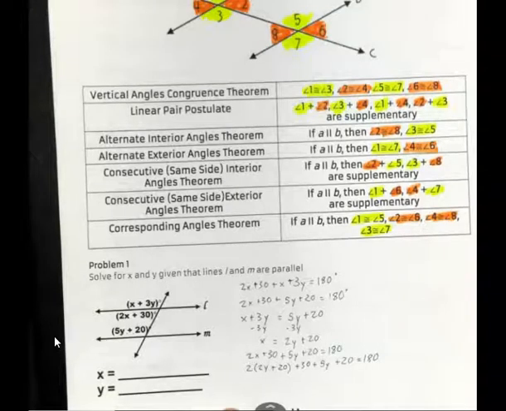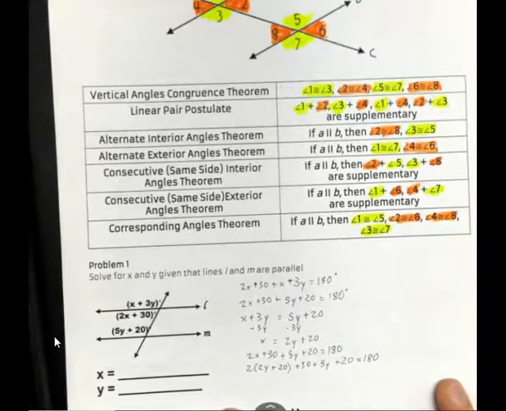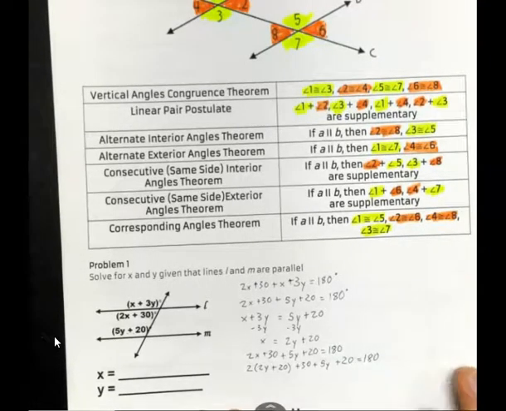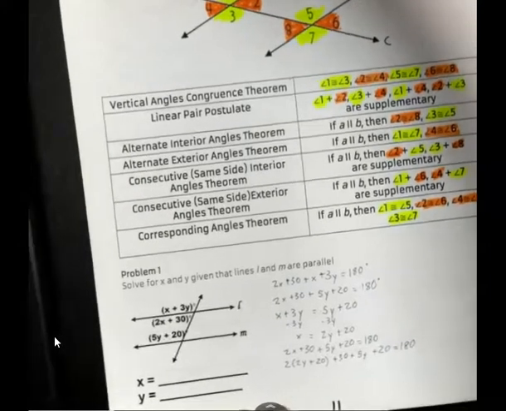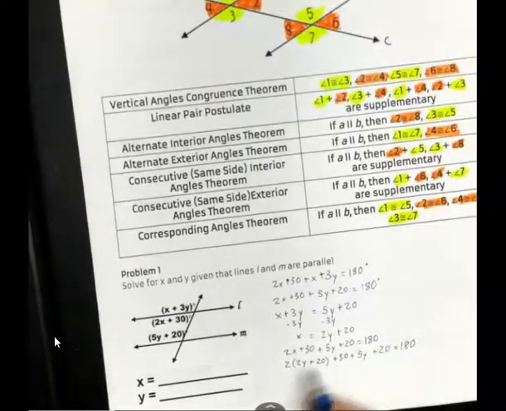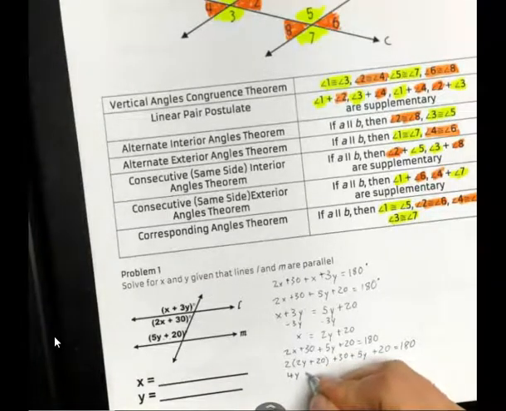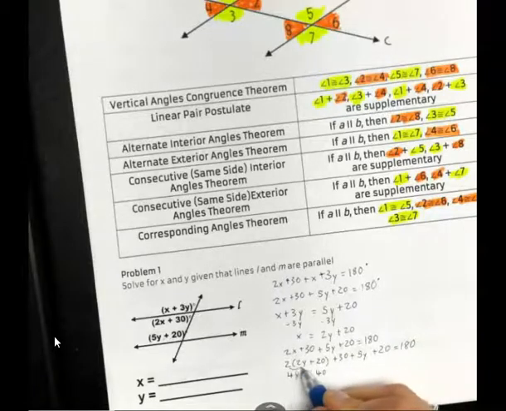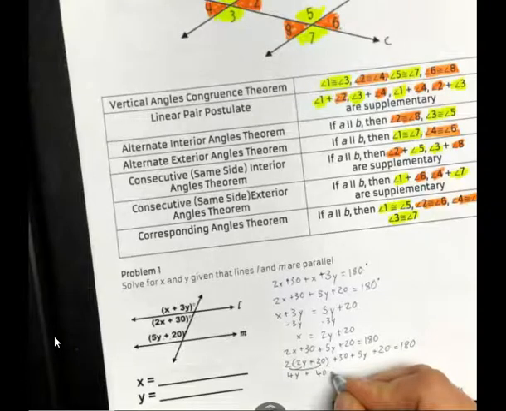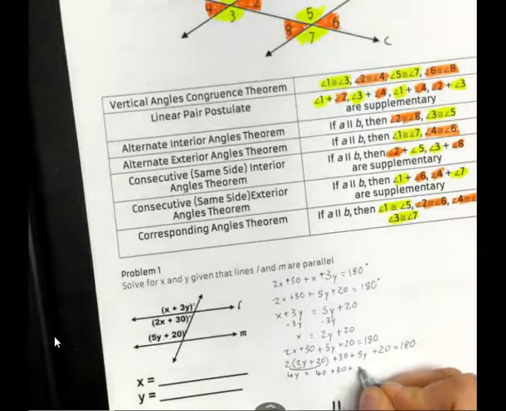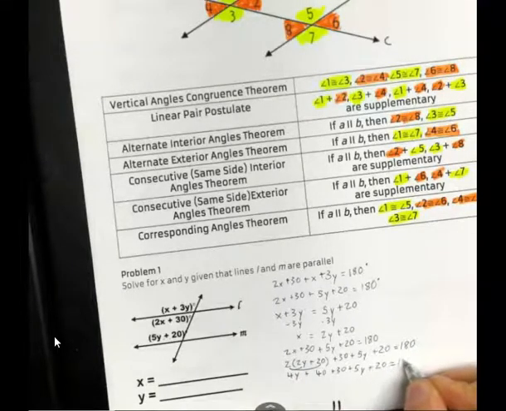Next step I'm going to take is I'm going to simplify this. Alright, so I'm going to distribute. I'll get 4y plus 40, because when I'm distributing, I'm multiplying by both of these. Okay, and then I got plus 30 plus 5y plus 20 equals 180.